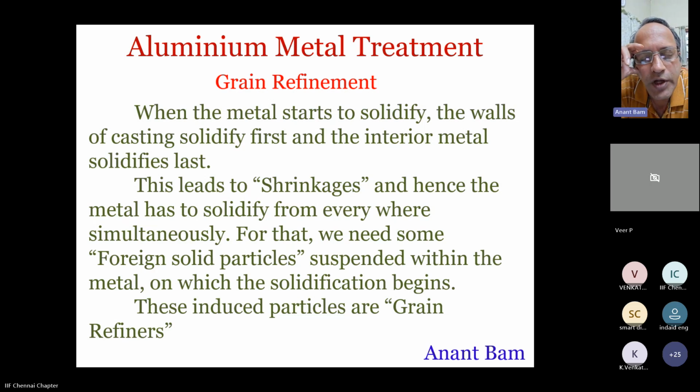The most common particles in aluminum metallurgy are of titanium and boron. So if we add titanium or boron or both, their intermetallic compounds get suspended freely and solidification begins at those sites also along with the mold wall.